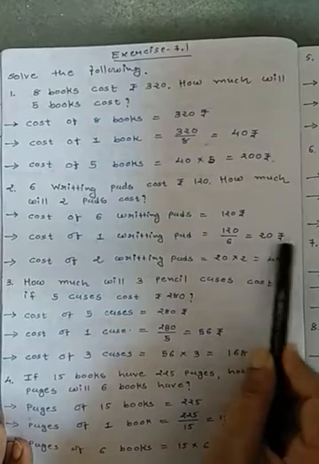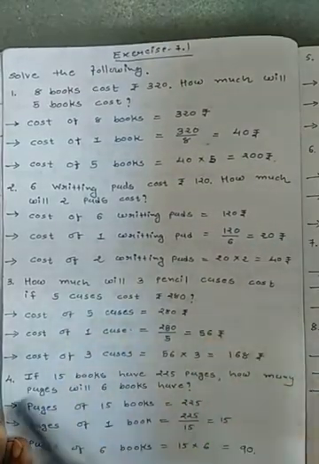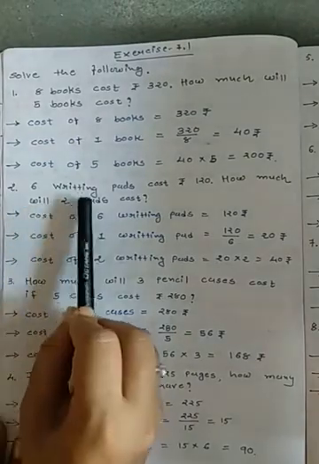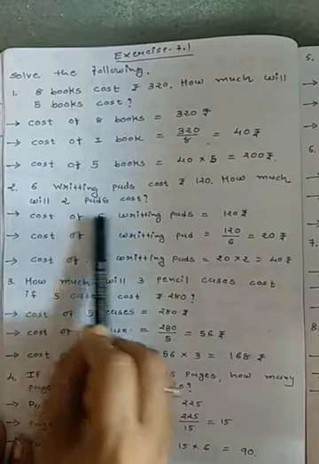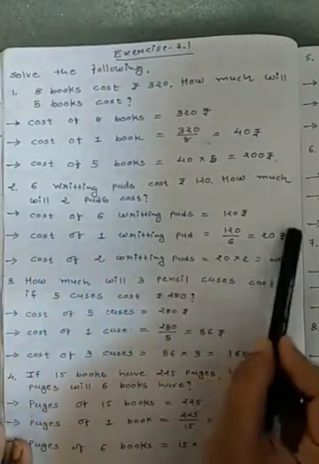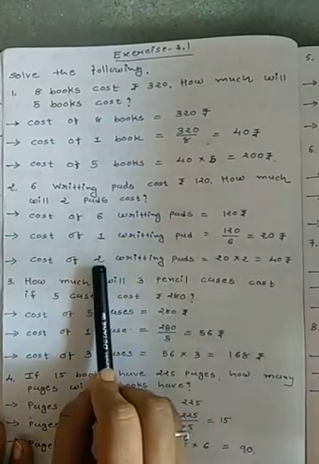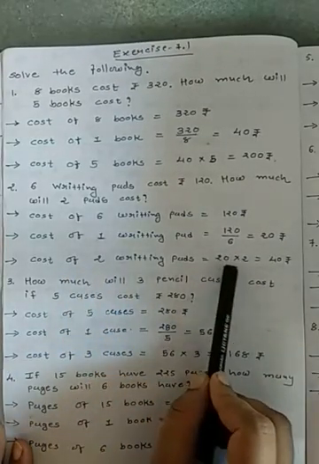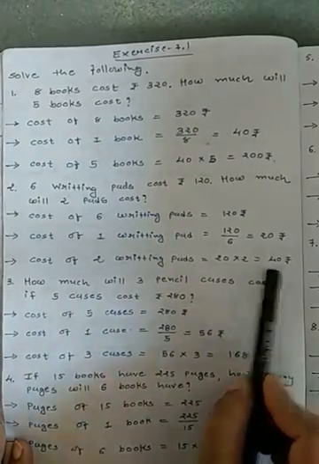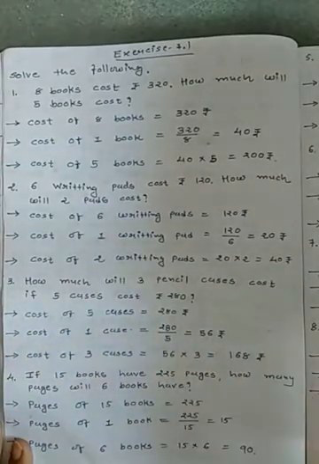That is 20, because 120 divided by 6 equals 20. Now we have to find the cost of 2 writing pads. So the cost of 2 writing pads equals the cost of one writing pad multiplied by the number of writing pads. So 20 into 2 will be 40. 40 rupees will be the cost of 2 writing pads. So that will be our final answer.